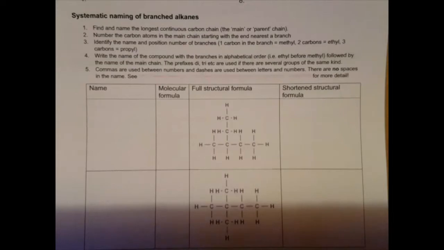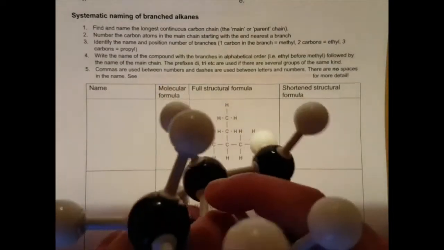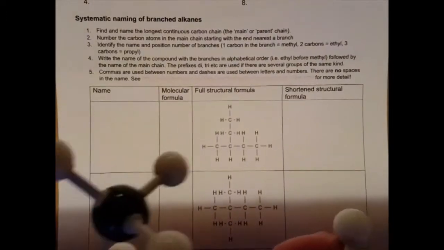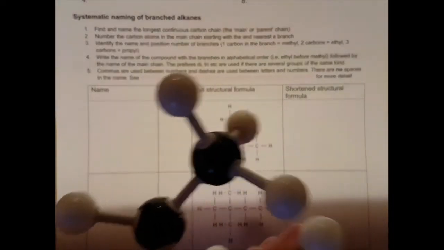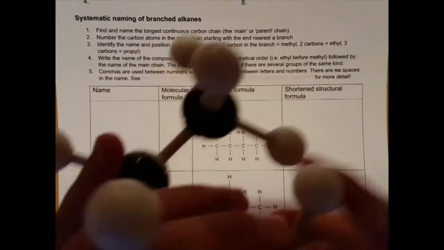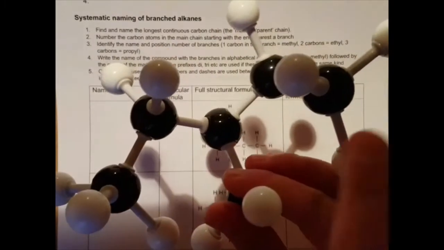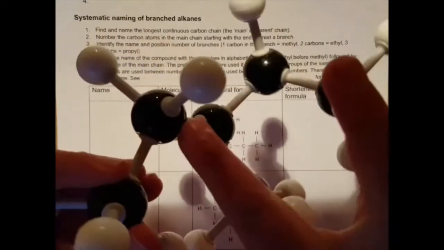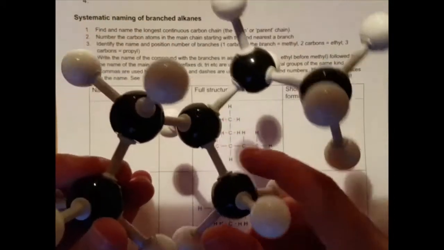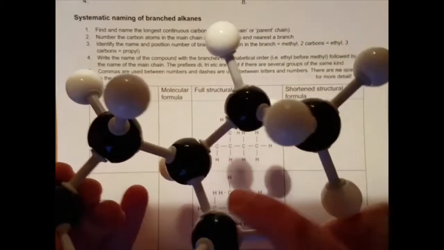A branched alkane would just be if we replace one of these hydrogen atoms with another carbon atom. So what we end up with is a chain of carbon atoms, but then another carbon atom, a branch coming off that chain. Just think of it as like a tree with a branch coming off.